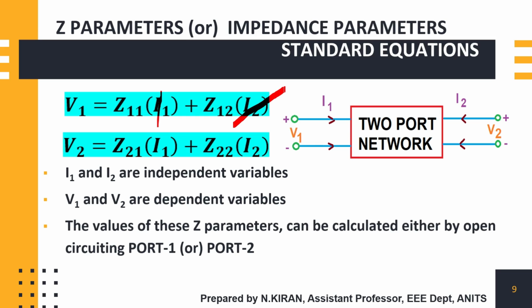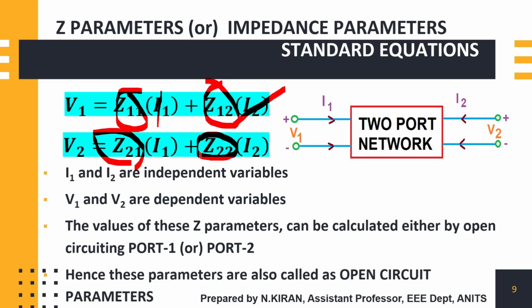So either by opening the first port or the second port, these four parameters, that is Z11, Z12, Z21 as well as Z22, can be calculated. Hence, these Z parameters are also called open circuit parameters.